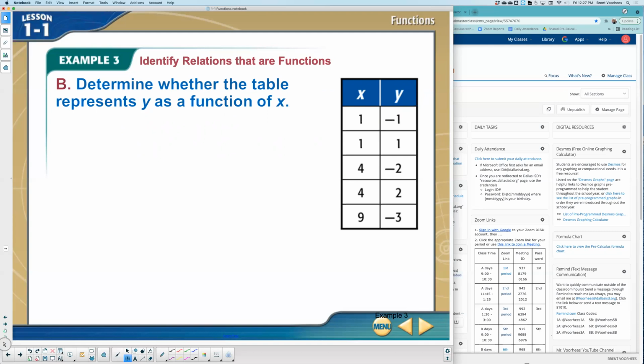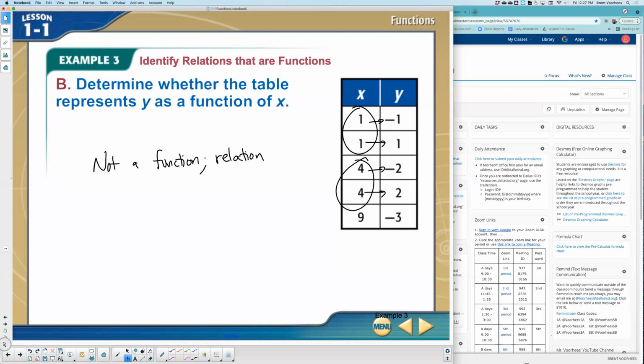Not a function. What blows it up? The 4s do. They have different y's, as well as the 1s. You have 1s with different values of y's. This is not a function. So again, there's a relationship, but it's not a functional relationship. So what do we call it? Just a relation. Good.